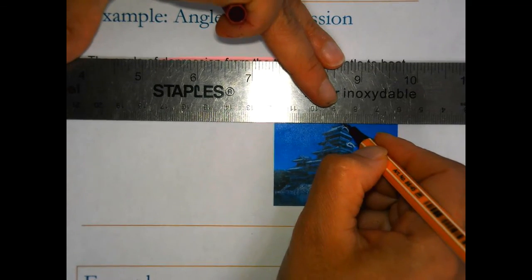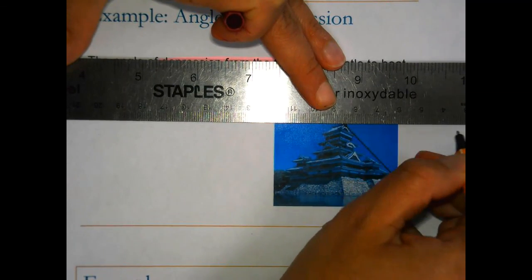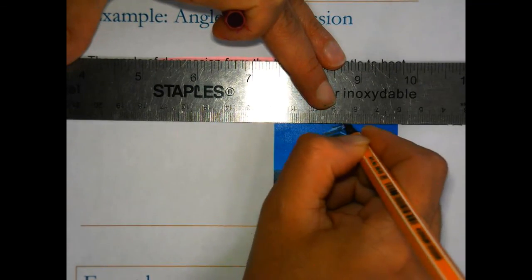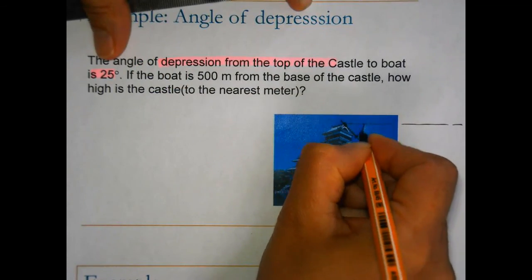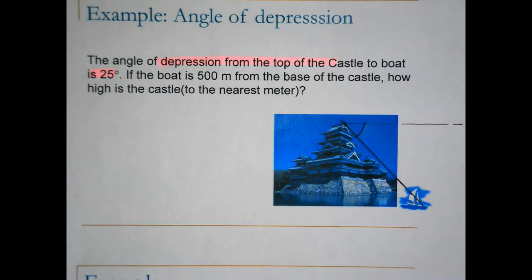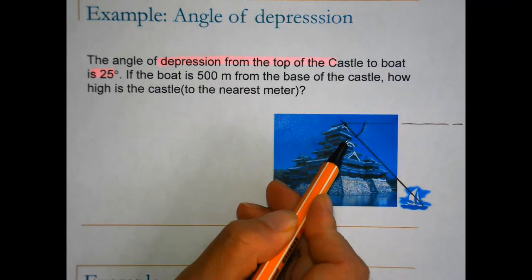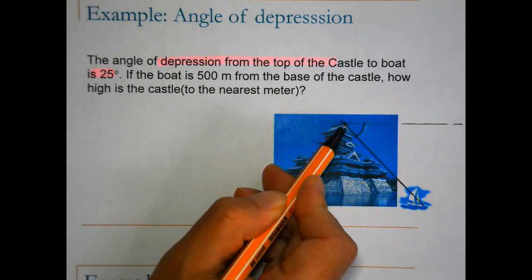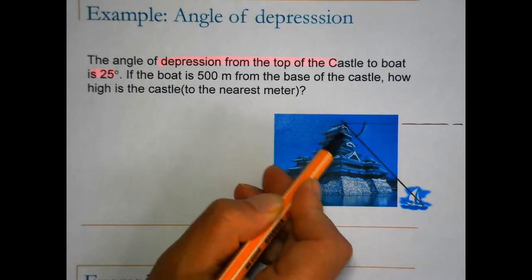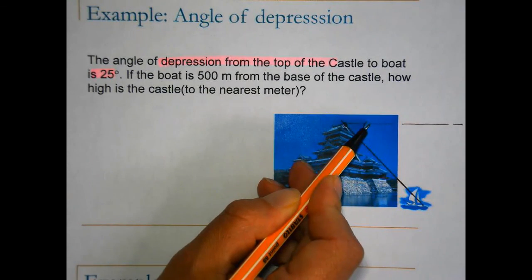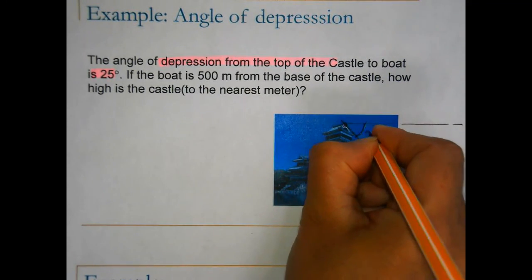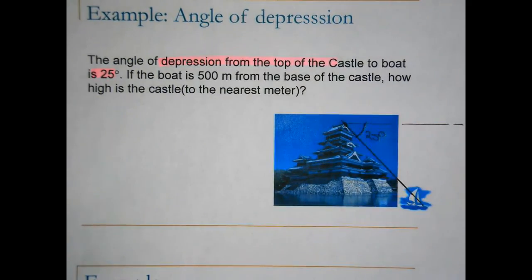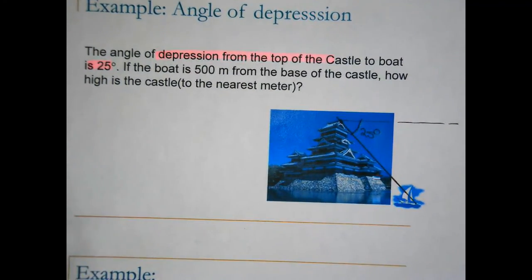So that means this angle here. Don't make a mistake and call this other angle the angle of depression. It's when you look down, between the line of sight and the horizon. This angle is 25 degrees.